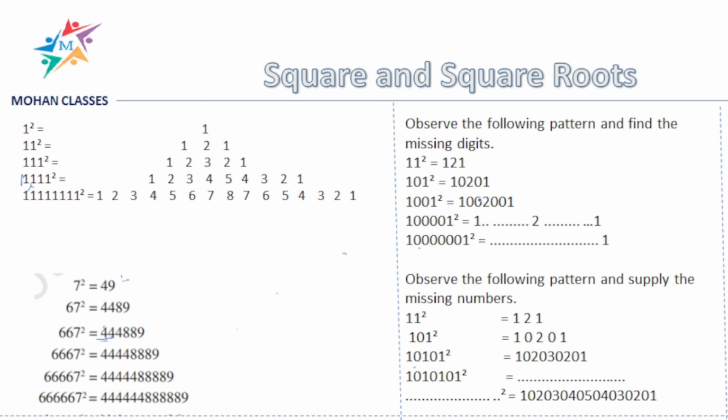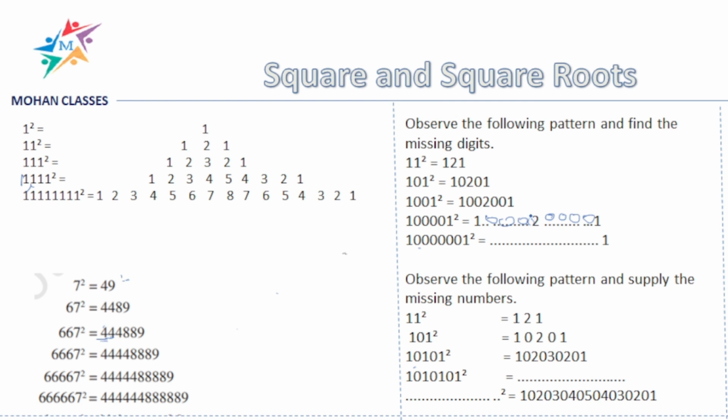Here 2, 0, so we are putting 2, 0 between 1, 0 to 2, 0, 1. So here 1, 2, 3, 4 zeros. What will be the pattern? Here we have to put 4 zeros. 1, 2, 3, 4. Right? Here also you have to put 1, 2, 3, 4. So 4 zeros will come here.